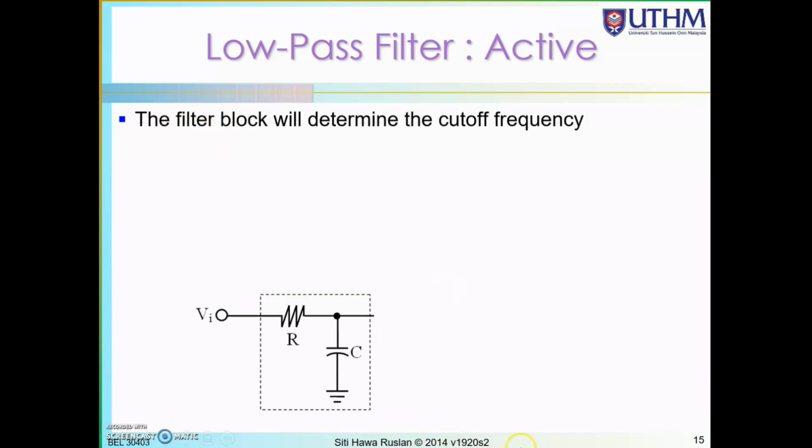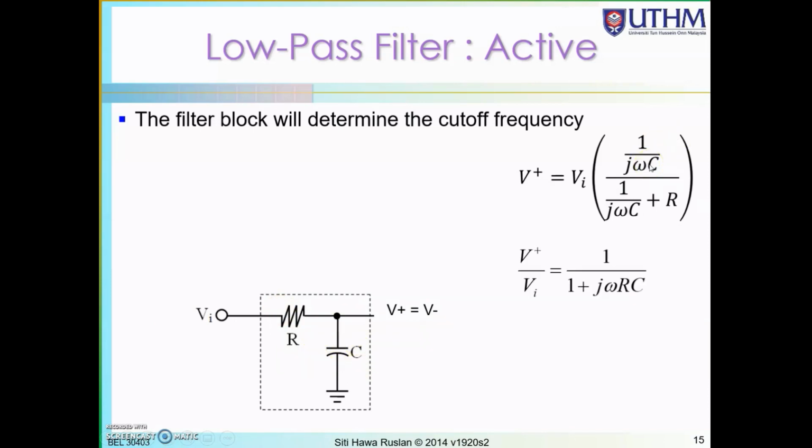Now we look at this part. This is just the filter, similar to the passive filter just now, but instead of calling the output V out, it is the input to the positive terminal. So V plus equals V minus. You can get the equation similar to the passive filter. V plus will be, using voltage divider, V in multiplied by the capacitor reactance, divided by R plus the capacitor reactance.